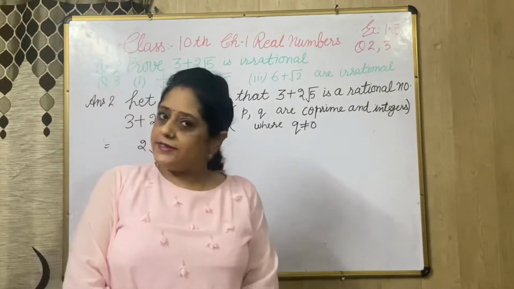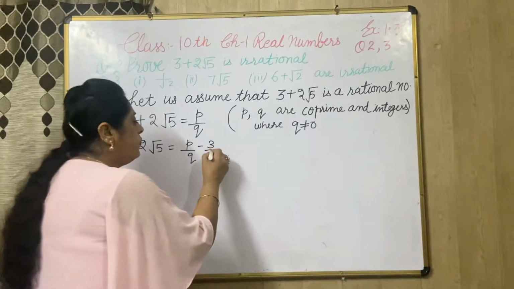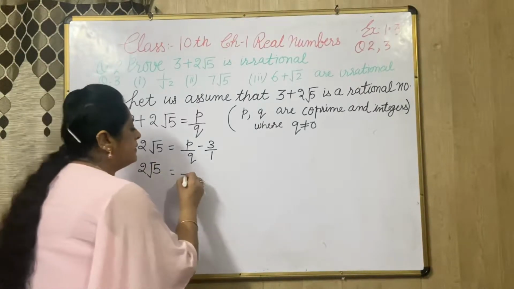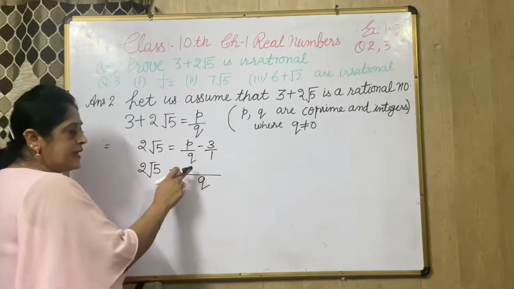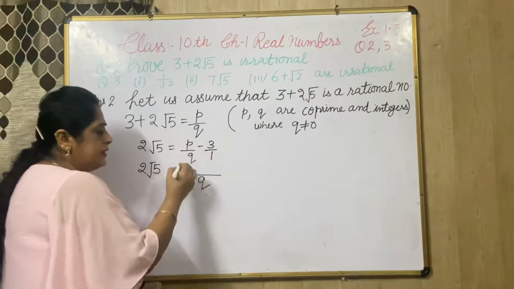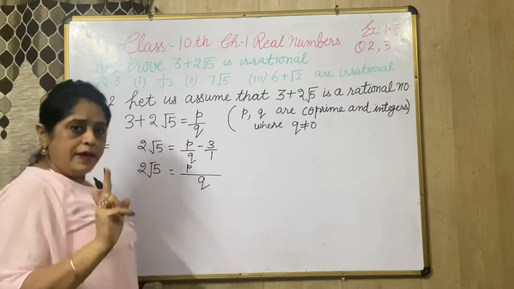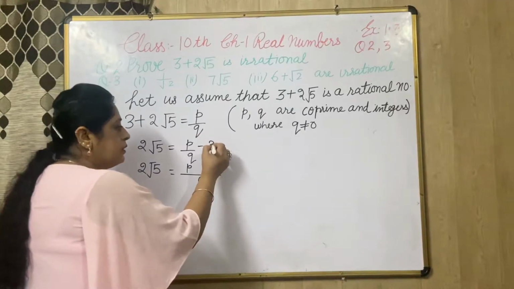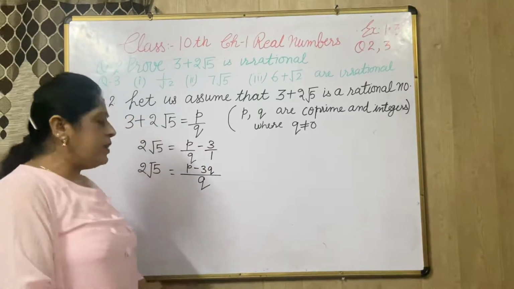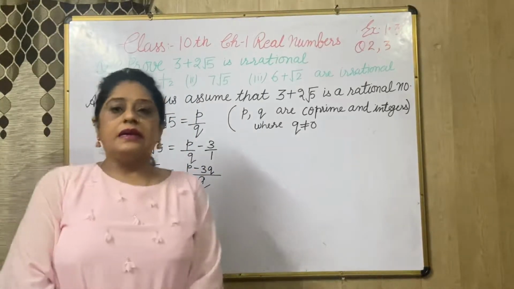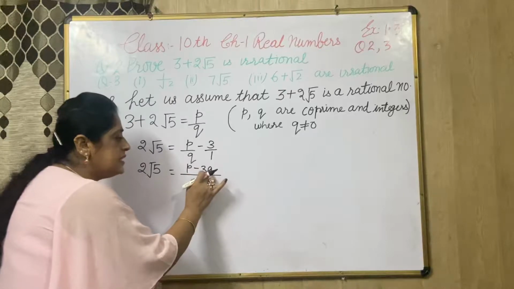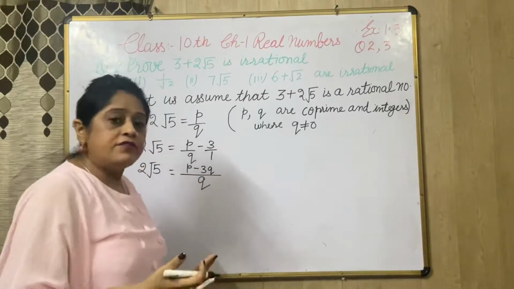We can write 3 as 3 by 1 in rational form, and now we will take the LCM. q is the LCM; q divided by q gives 1 and 1 multiplied by the numerator p gives p, q divided by 1 gives q, and 3 multiplied by q gives minus 3q. Now p minus 3q by q is written in the form of integers. It means p minus 3q by q is a rational number.